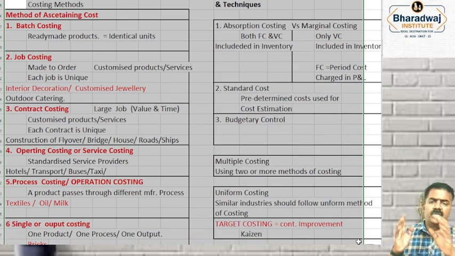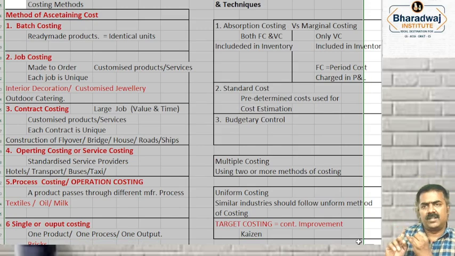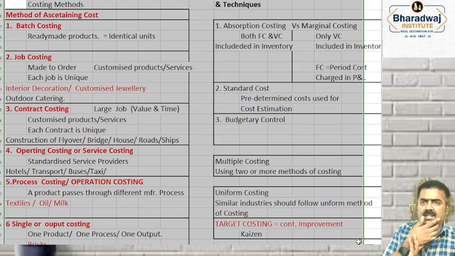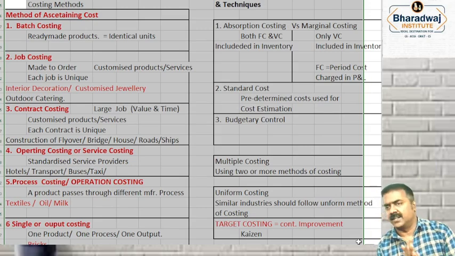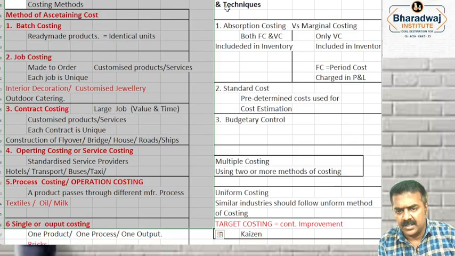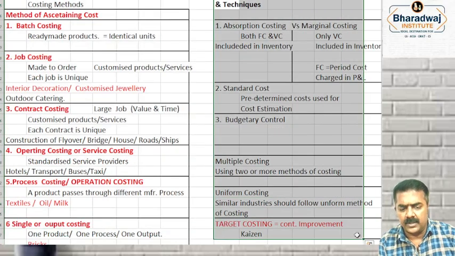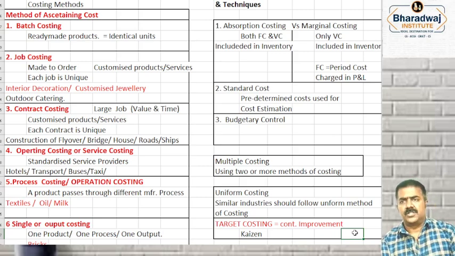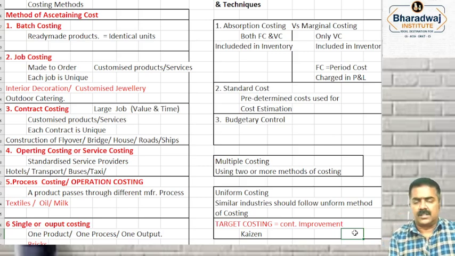Okay. So what we learned in the morning session so far? We learned about classification of cost, basics about costing. Then we have done which one? The different things. Like how to classify the cost based on nature, variable, fixed, etc. Then we learned about costing methods and techniques. At the foundation level, this is included. Then cost sheet is included.